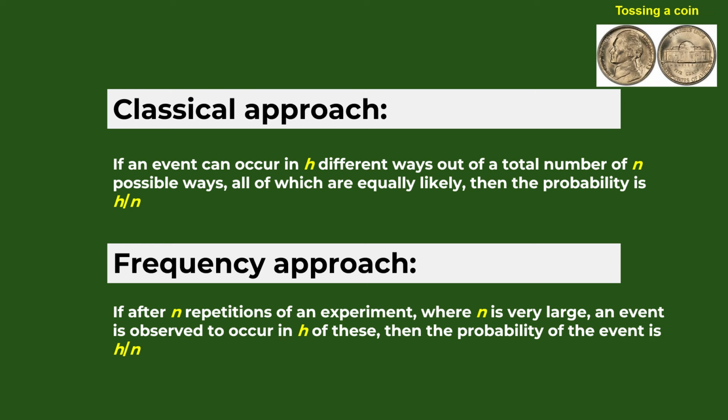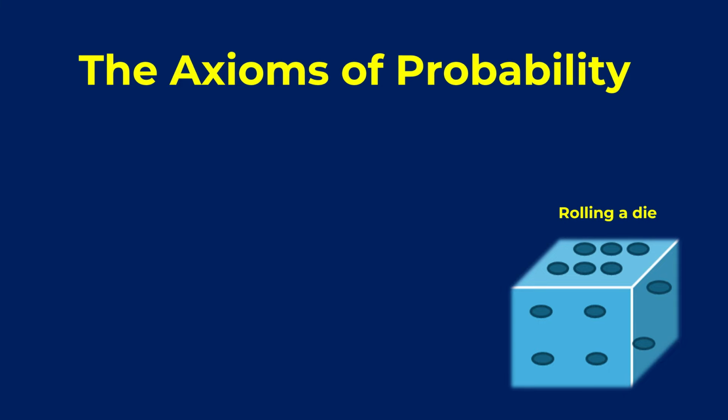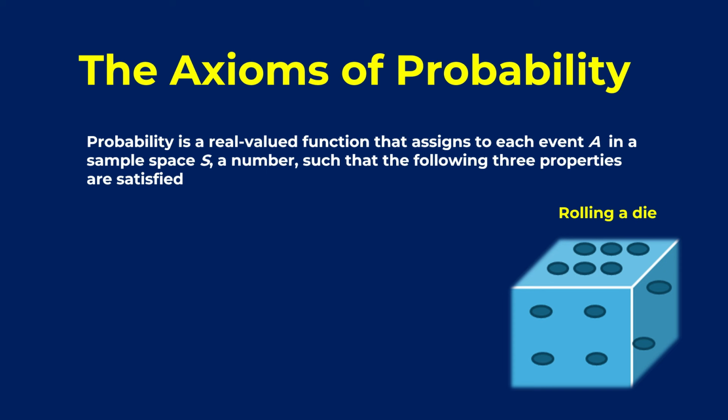There are drawbacks in both approaches, and because of these difficulties, mathematicians have been led to an axiomatic approach to probability. Probability is a real valued function that assigns to each event A in a sample space S a number such that the following three properties are satisfied. So there are three axioms.